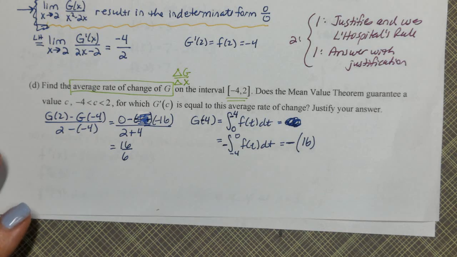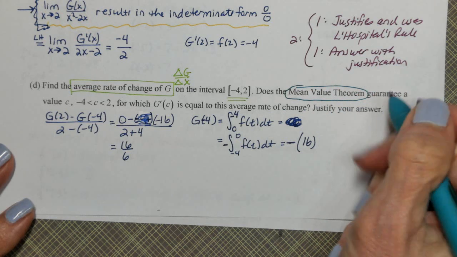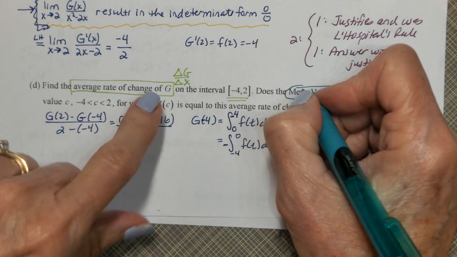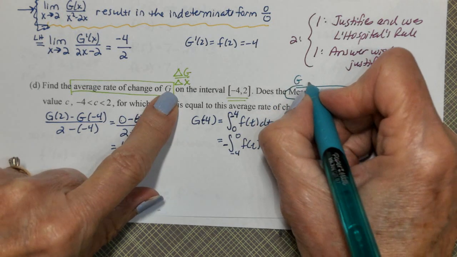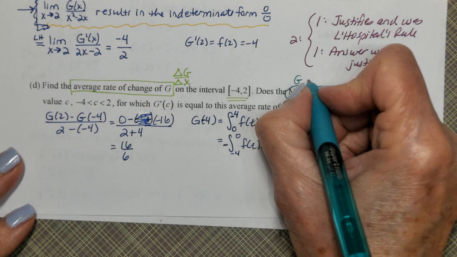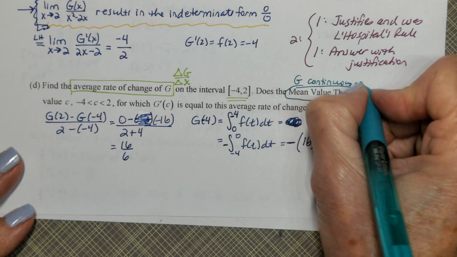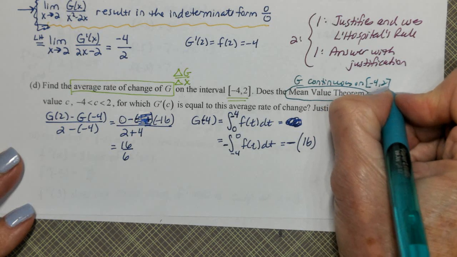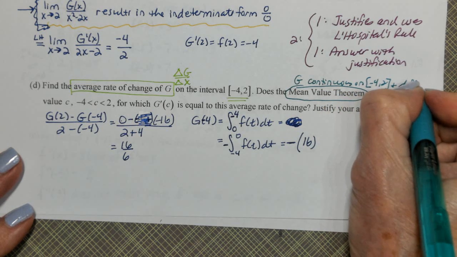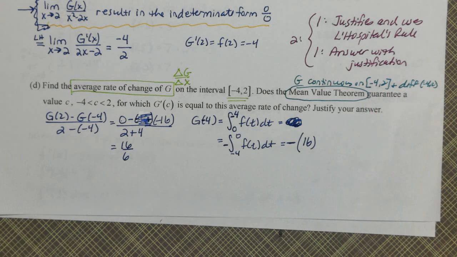Well, for the mean value theorem to be applied, we need for the function g to be continuous on the closed interval and differentiable on the open interval. So that's the big question here. Is g continuous on the closed interval and differentiable on the open interval?